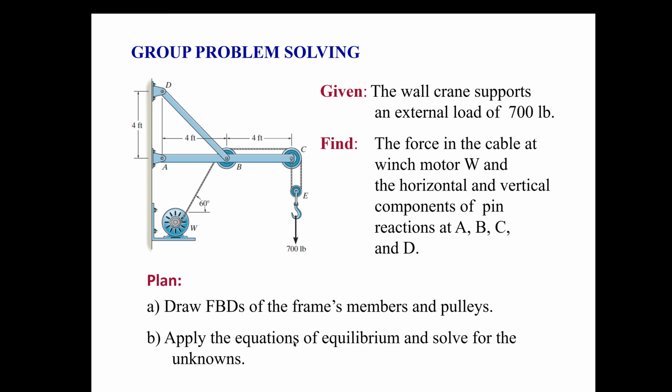Then we'll apply equations of equilibrium and solve for the unknowns. In this case, there's a two-force member here. But we also need to go up here and solve for D, right? So we're probably going to need to look at this in terms of multiple free body diagrams, right?